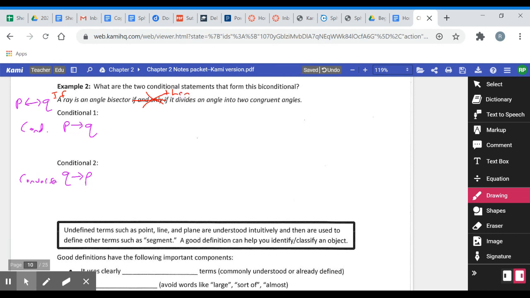If a ray is an angle bisector, I have my comma. I'm not writing if and only if, and now I'm going to write then, it divides an angle into two congruent angles.